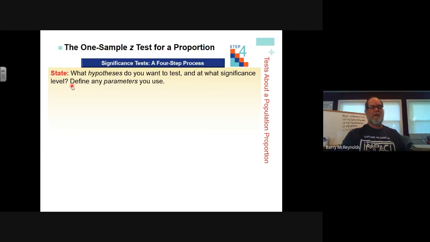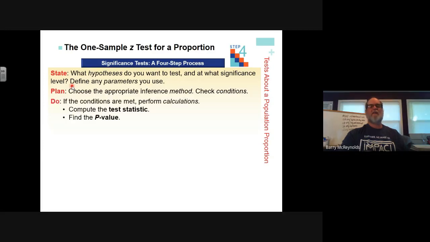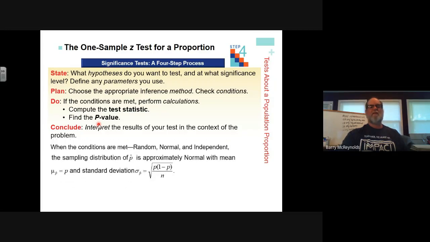We don't know yet. We haven't picked one yet. And so our plan is to check the conditions for inference. What we're going to do, compute the test statistic, which is the z-score, find the p-value, and then we're going to compare that p-value against the significance level of the test. Okay.